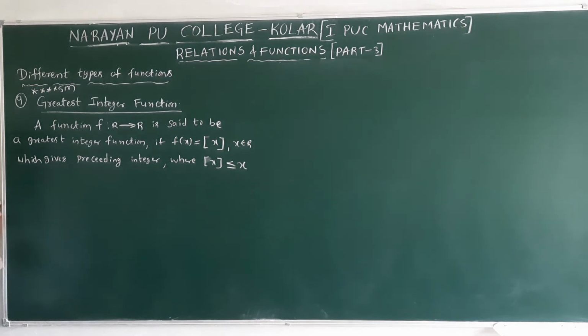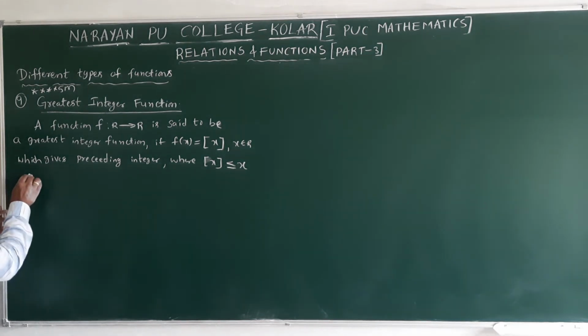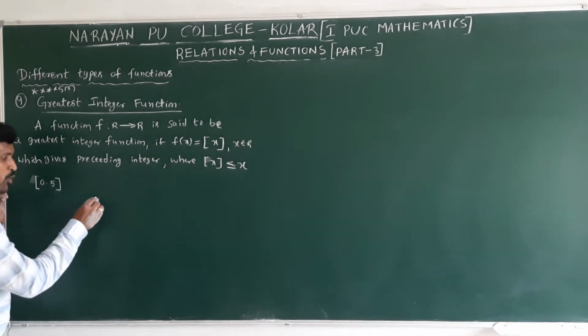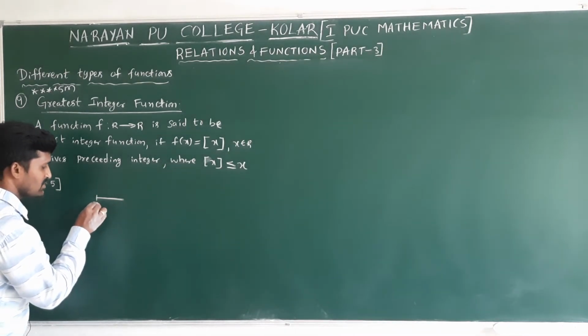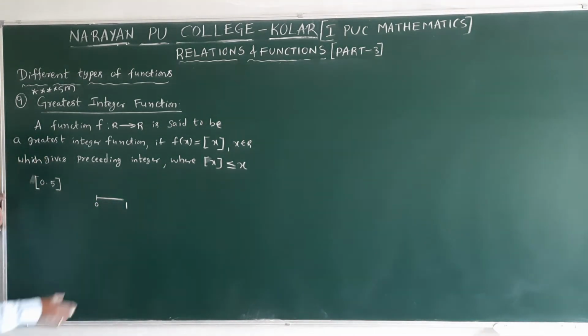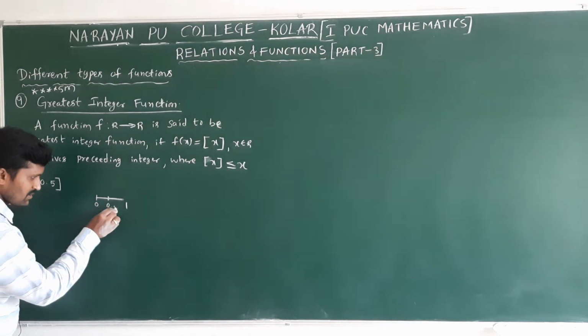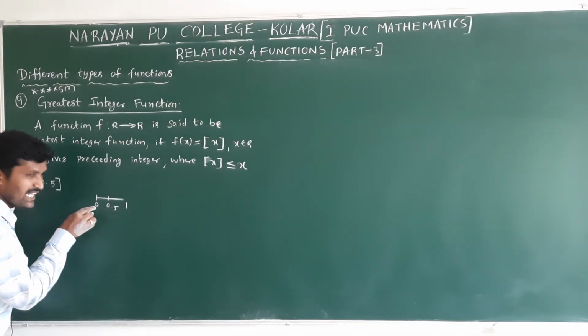Now I will give an example. Take 0.5. 0.5 lies between where to where? 0 to 1. For 0.5, which is the preceding integer? 0.